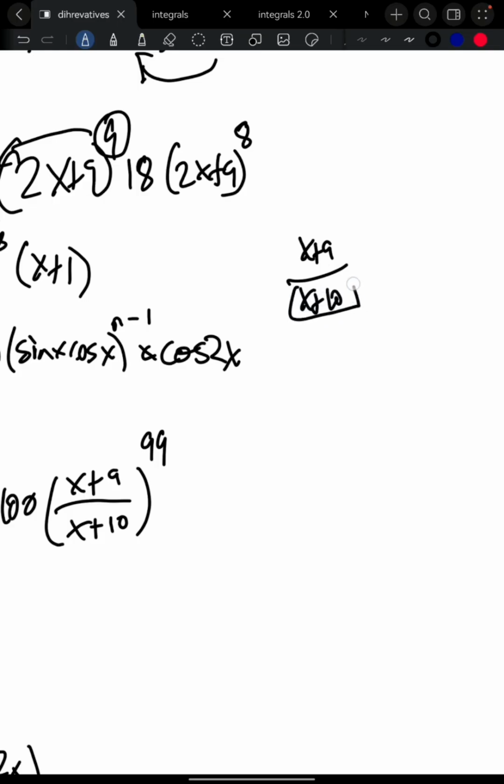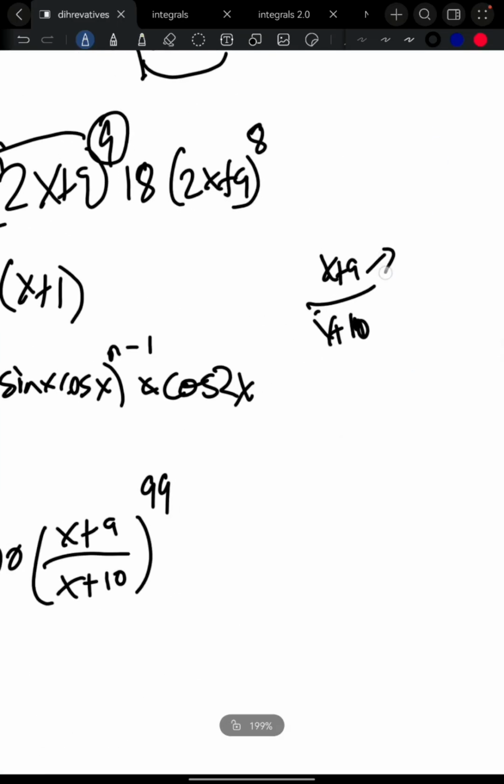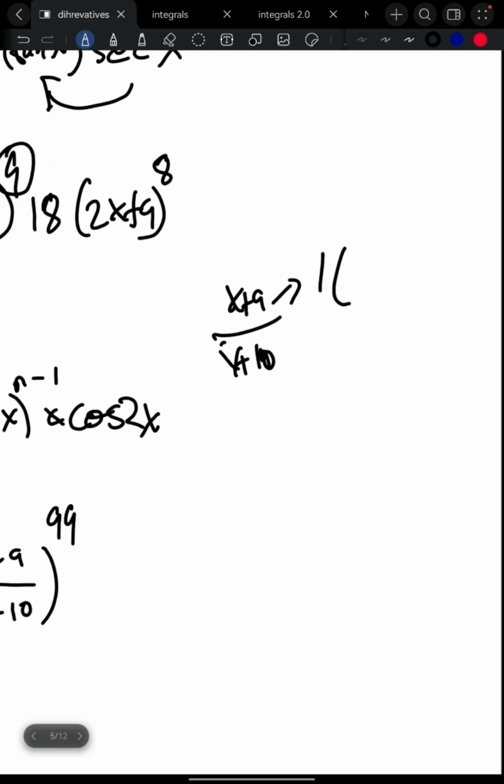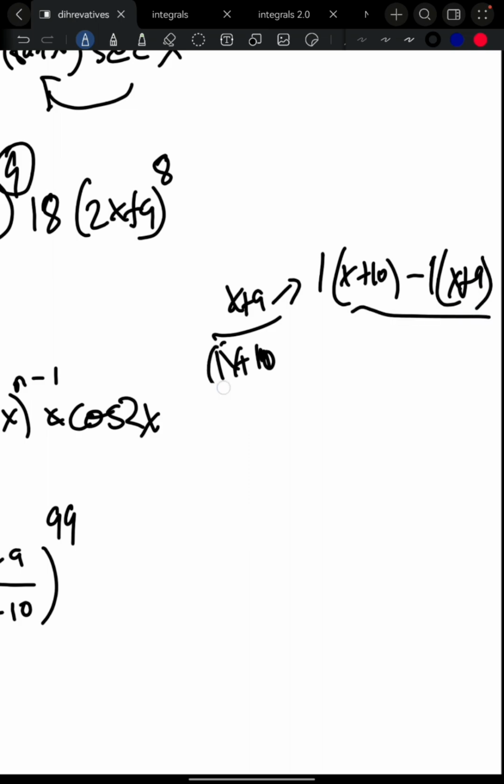Because this is like two terms, so it's not one term. If it was one term, you could do it faster, but nah. So we're going to differentiate the top, so it's going to be 1, right? Times the bottom, minus the differential of the bottom, which is 1, times the top, x plus 9, divided by the bottom squared, which is x plus 10 whole squared, right?